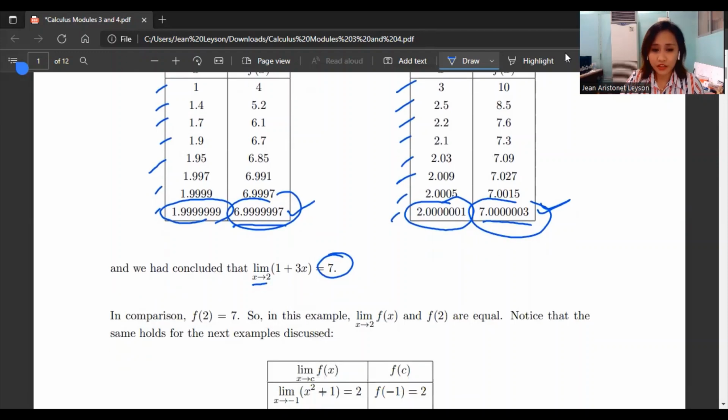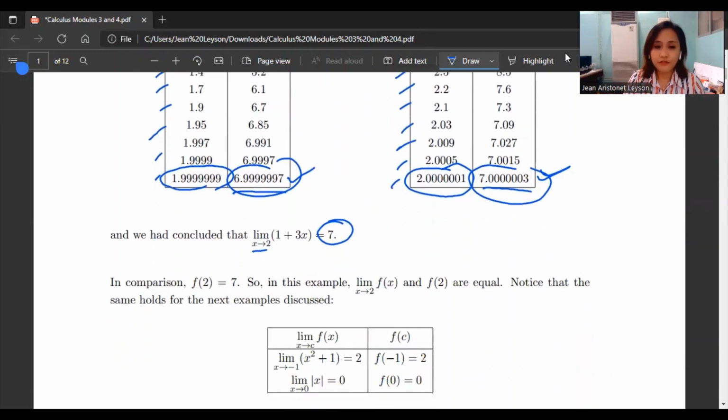In comparison, f of 2 is also equal to 7. So how do we get f of 2? Simply substitute the value of C for x in our function.